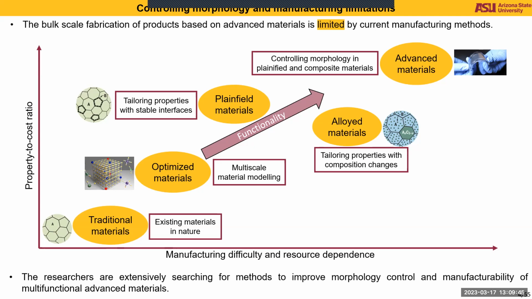With recent advancements in fabrication and additive manufacturing, researchers now have better control over the morphology in advanced materials, and that could unlock the true potential of advanced materials. So there is really a need of developing design methods that can provide insight into morphology control recommendations in advanced materials for enhanced thermal, electrical, and thermoelectric properties.